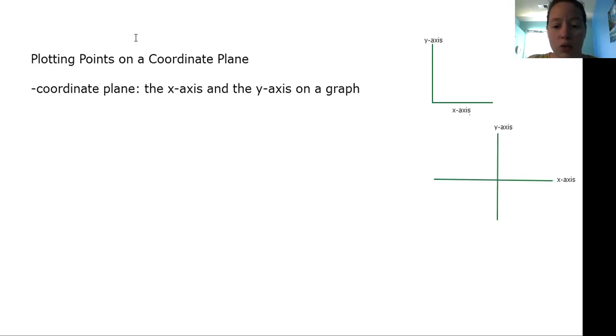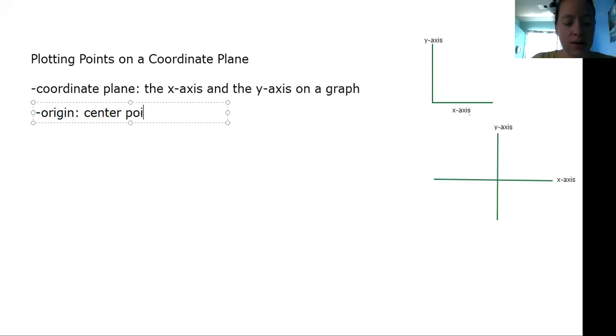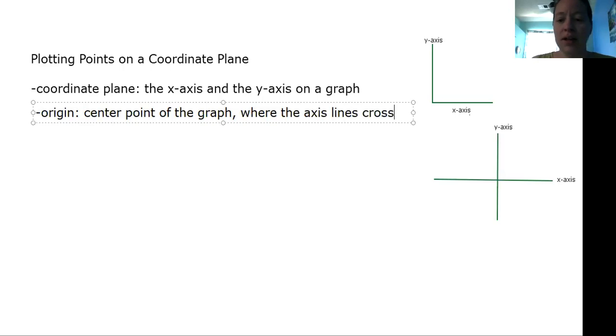And I'm going to switch the size of my text and go over here. The origin is the center point of the graph, or alternatively, where the axis lines cross. That is our origin.